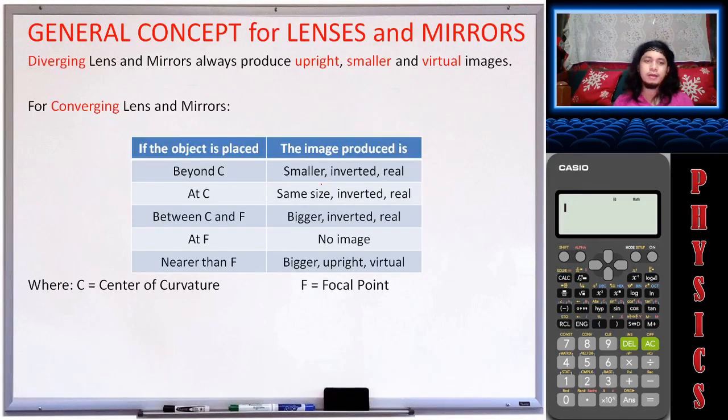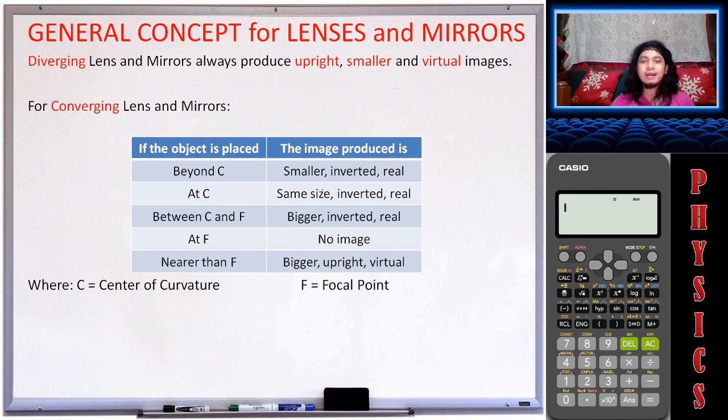And then, okay, ito po yan. So, sabi natin, every diverging lens and mirrors always produce upright, smaller, and virtual. Nadaanan natin. Tama yan, USV. And then, for converging lens and mirror, this is the rule. Kapag beyond C, pero hindi infinity, ang mapoproduce is smaller, inverted, real.